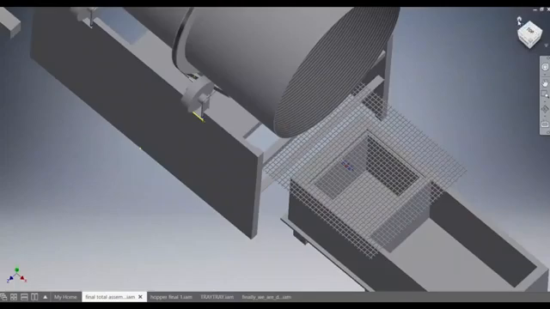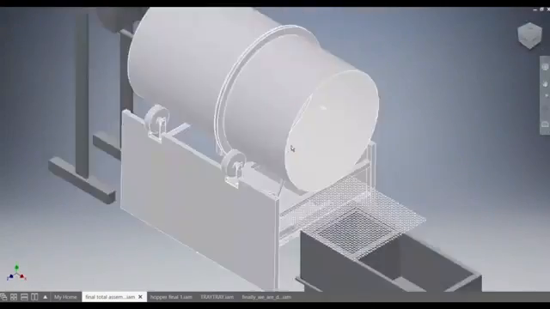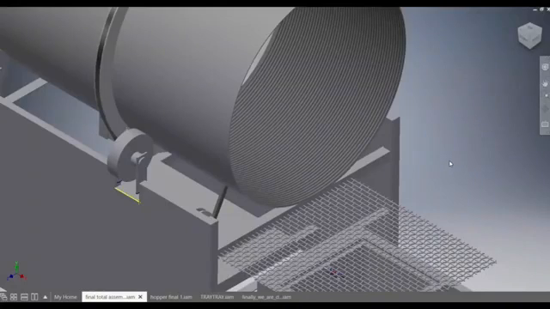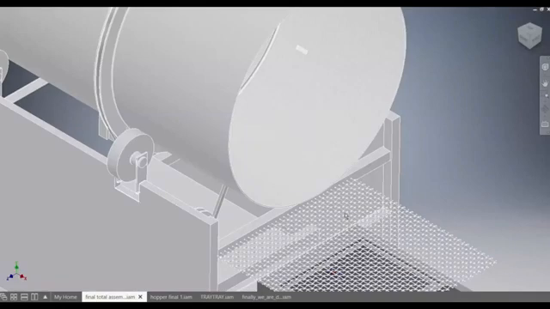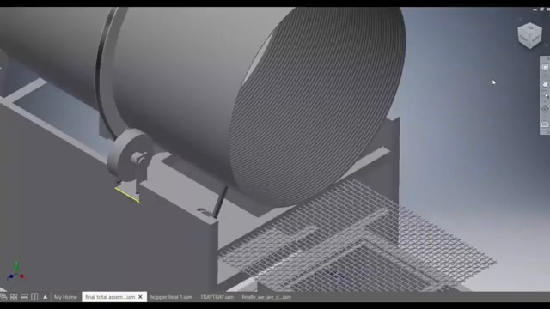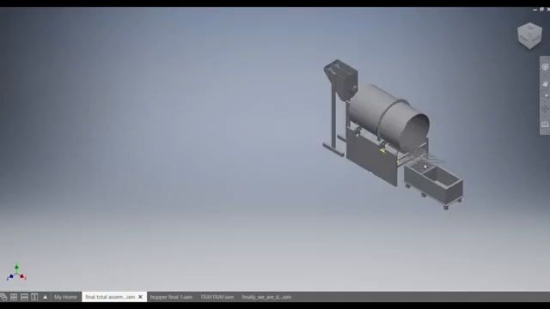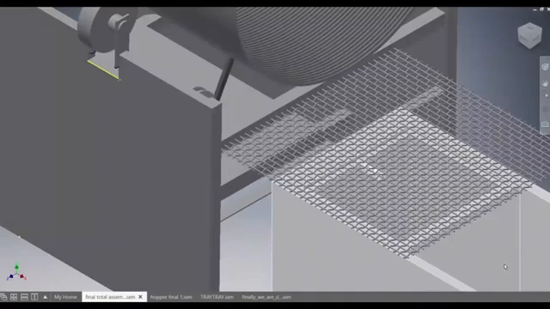As I said, we have continuous production of the seed balls instead of batch production. So when the seed balls get formed over here and when they traverse down the drum over this mesh, they roll over this mesh and fall into this bigger box.